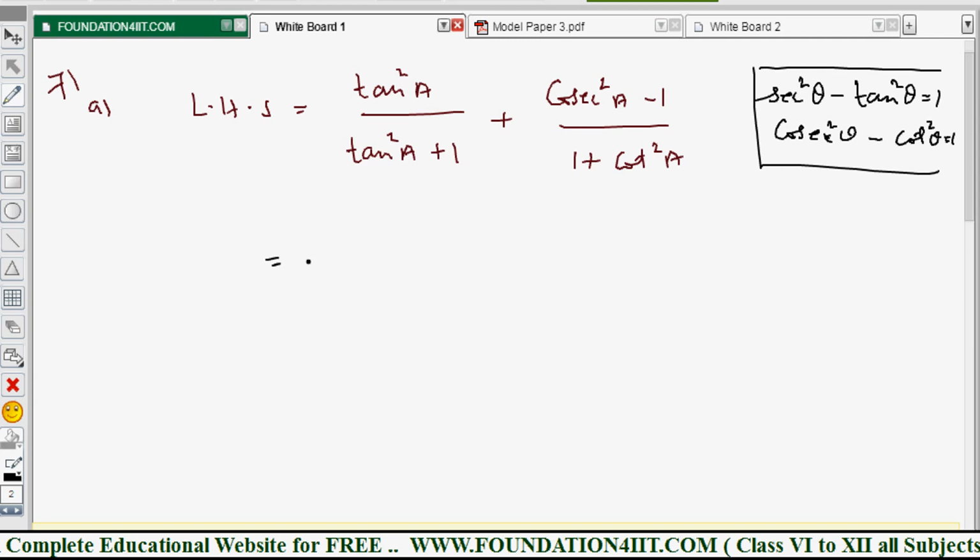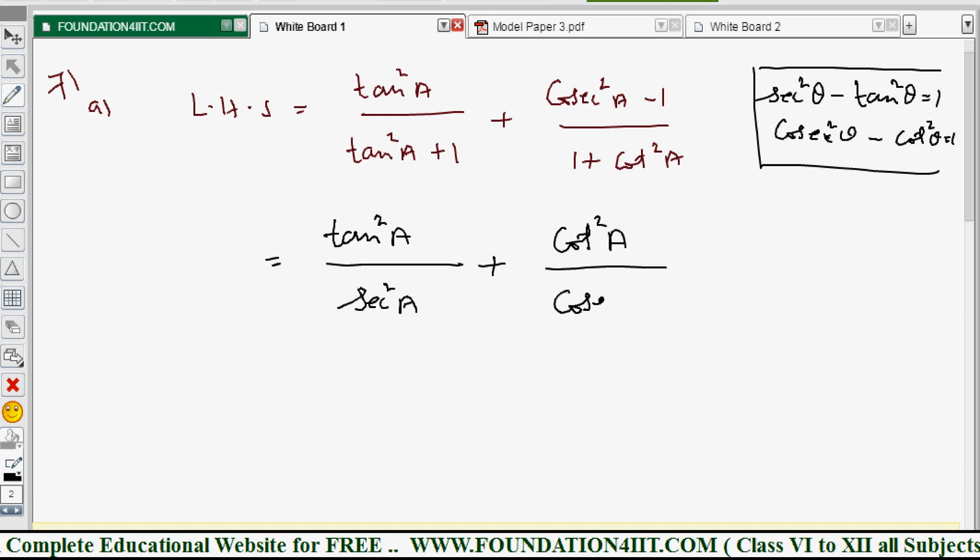Okay. These two trigonometric identities we will use in this. Then here tan square A is as it is. In the denominator, tan square A plus 1 is sec square A. Sec square minus tan square is 1, means 1 plus tan square is sec square. Plus cosec square A minus 1, that is cot square A, by 1 plus cot square A is cosec square A. So both the trigonometric identities are applied here.